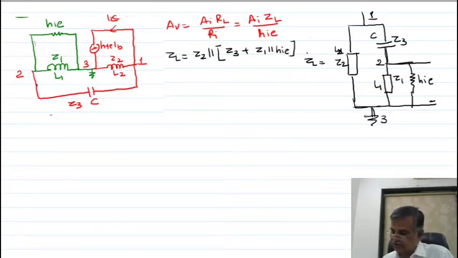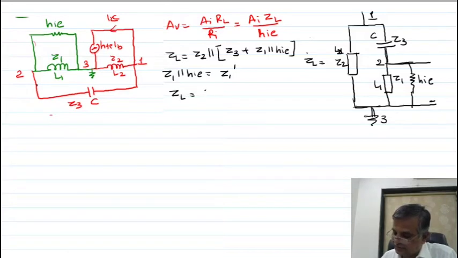Z2 is parallel with Z3, and these are in series with Z1 parallel HI. Now let us say Z1 parallel HIE is Z1 dash. So your ZL is nothing but Z2 parallel with Z3 plus Z1 dash.